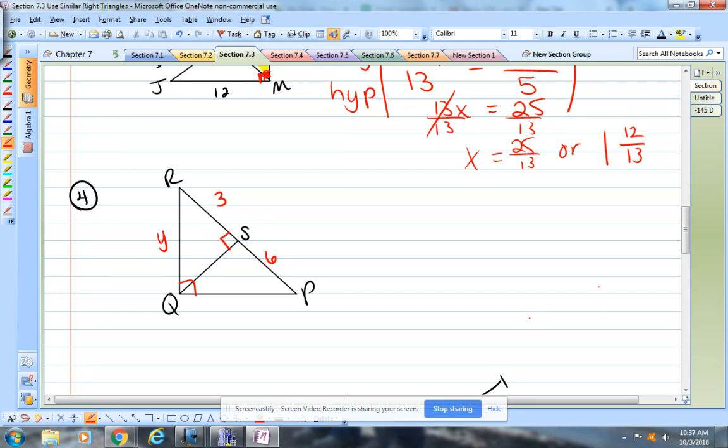So, okay. Do I know the hypotenuse of the largest triangle? What is it? It's 9. Because 3 plus 6 is 9. Right? So let's do the big triangle and the top little triangle.